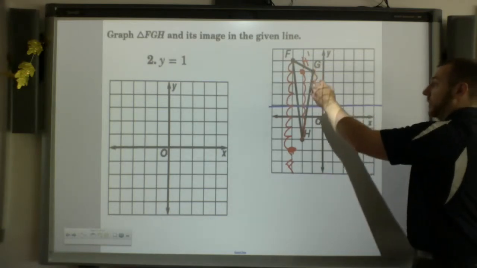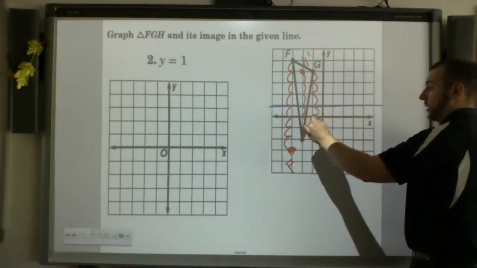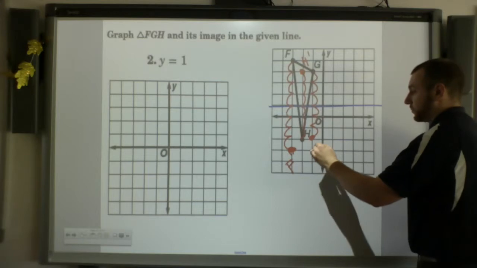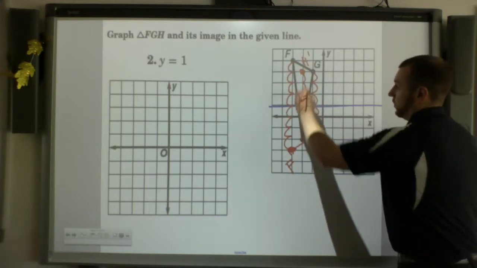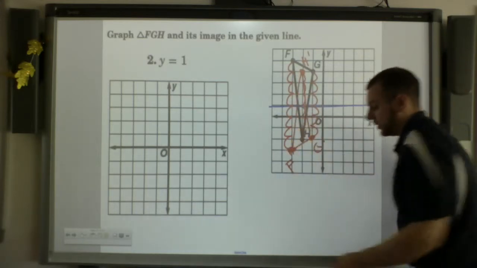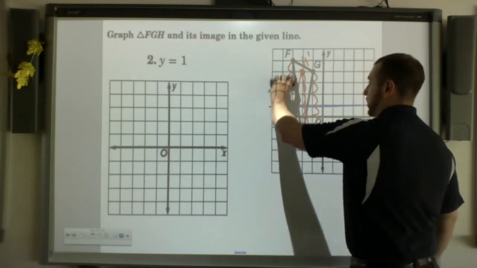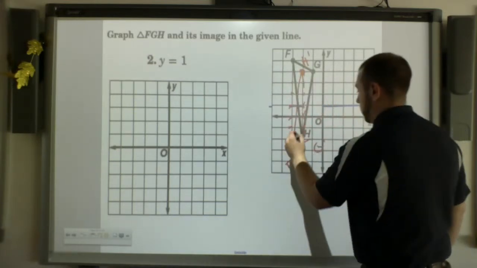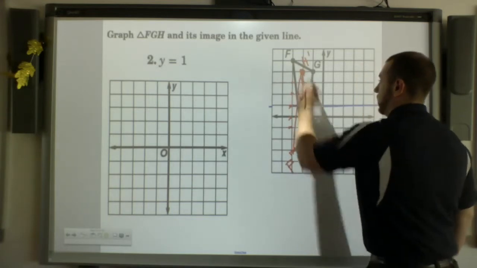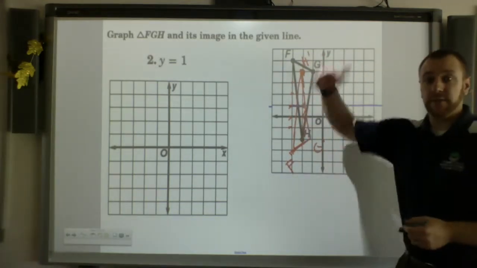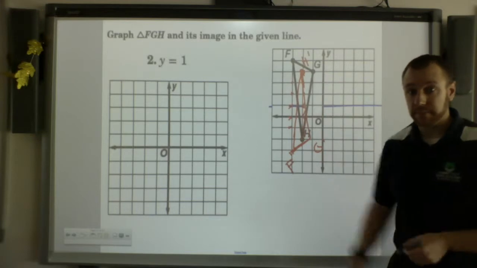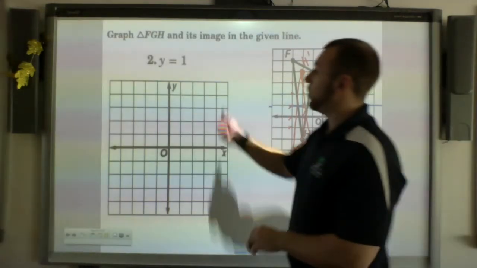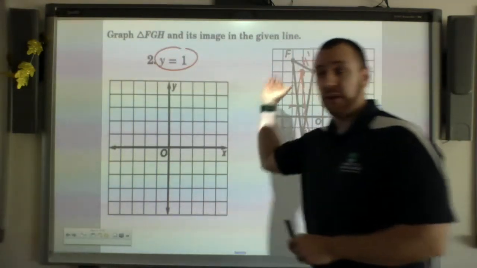G is 3 above, so I go 3 below. You'll notice when I erase these swirls here that it flips vertically. That's because it's a y equals line. It flips vertically.